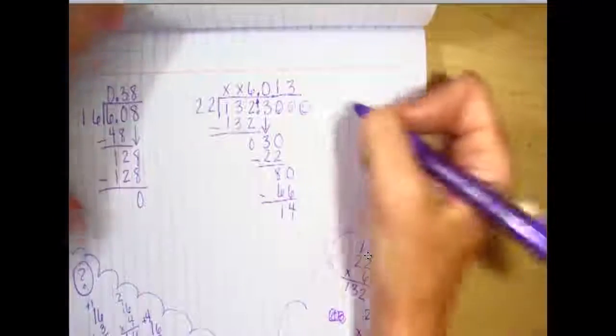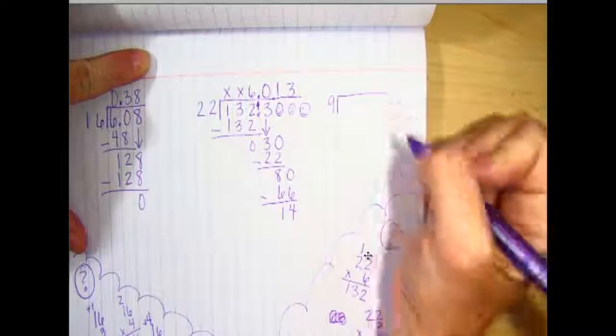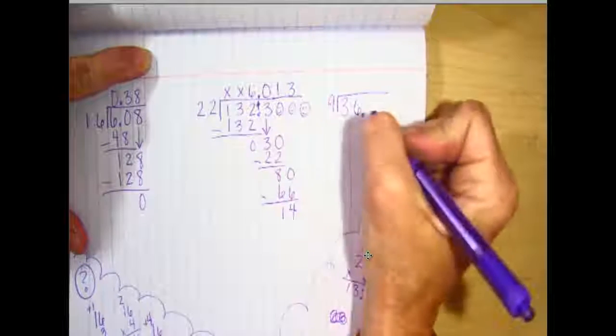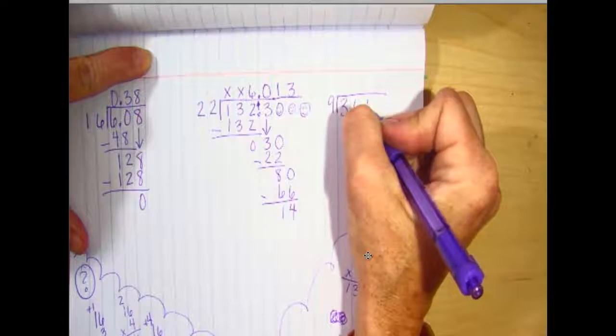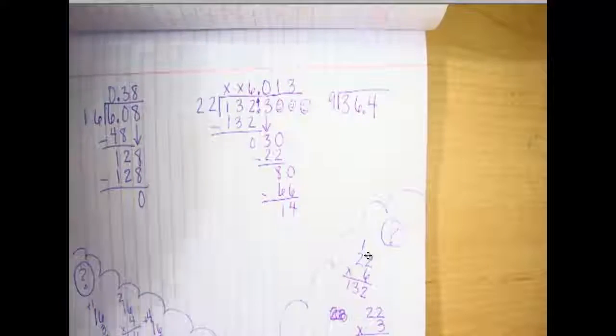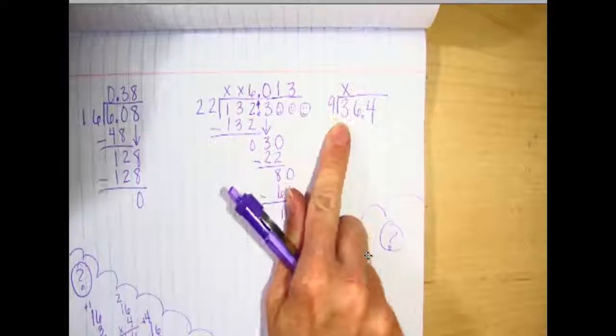Let's do one more. Let's do 9 into 36 and 4/10. Well, 9 can't go into 3, so I'm not going to put anything over the 3.